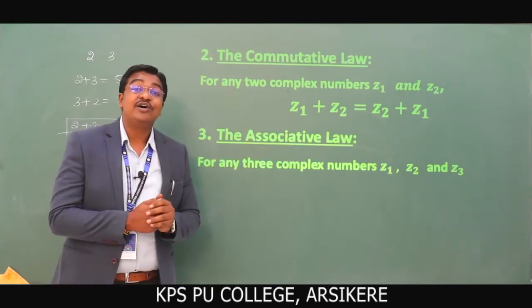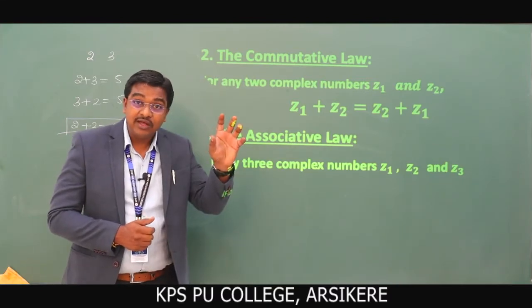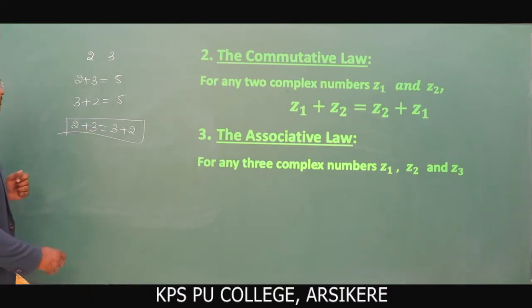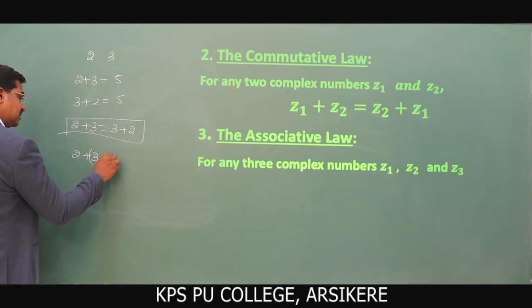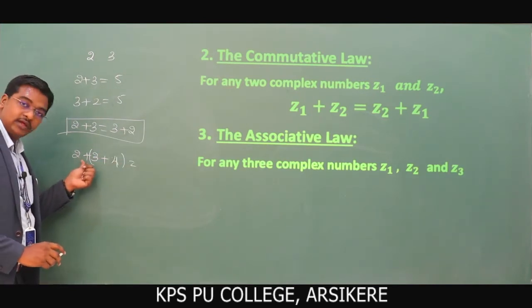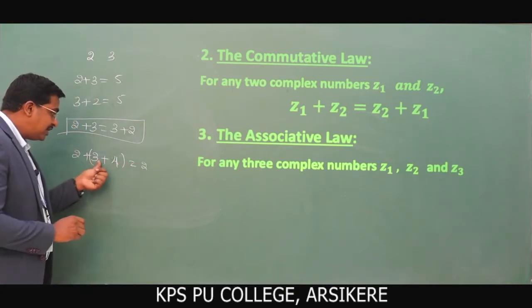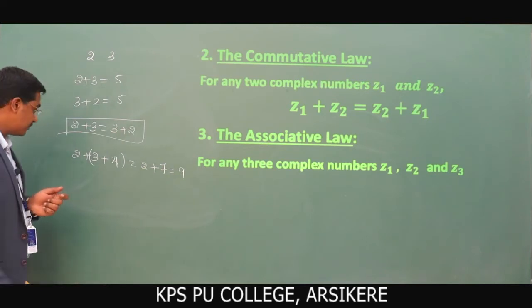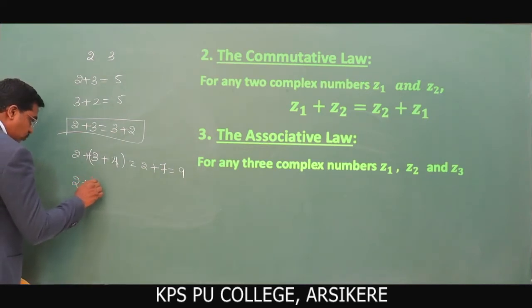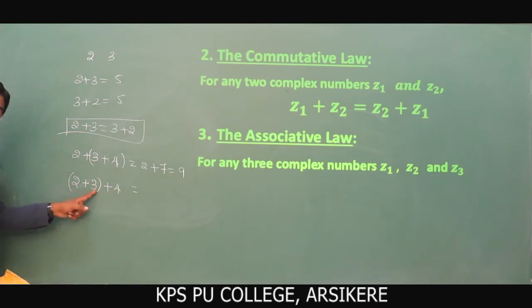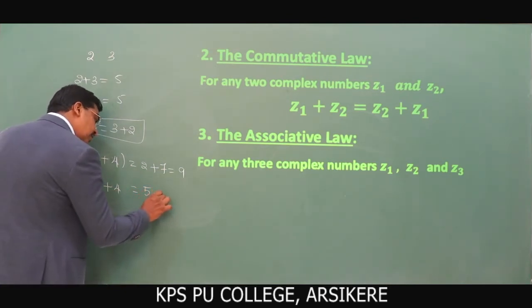Now we are moving to the associative law. Associative means you have to take three numbers. In general, if I add another number, 2 plus 3 plus 4: the number 2 is there, write as it is, 3 plus 4 becomes 7, and 2 plus 7 is equal to 9. Next I will write this as 2 plus 3 plus 4 is equal to 2 plus 3 which is 5, plus 4.